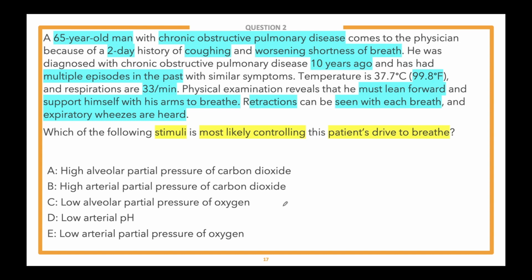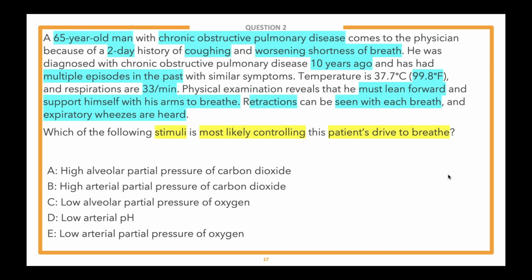D, low arterial pH. C, low alveolar partial pressure of oxygen. B, high arterial partial pressure of carbon dioxide. And A, high alveolar partial pressure of carbon dioxide. Make sure you're reading those answer choices closely.